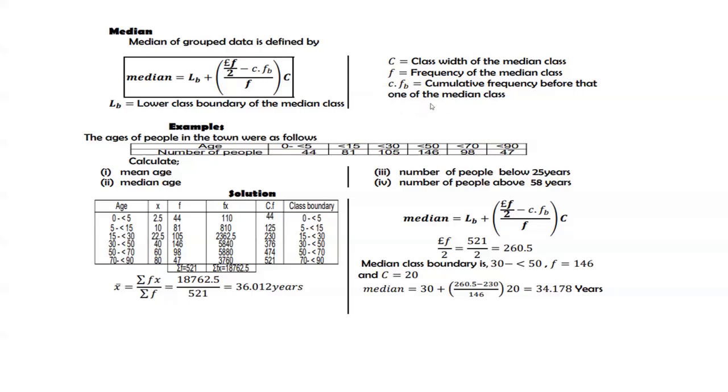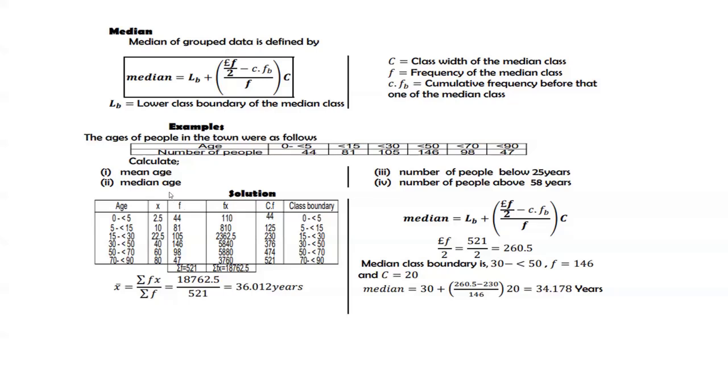So if we take an example of such data, 0 to less than 5, then less than 15, less than 30, less than 50, and so on and so forth. This is how we are going to do it. You have the number of people, that is the frequency.